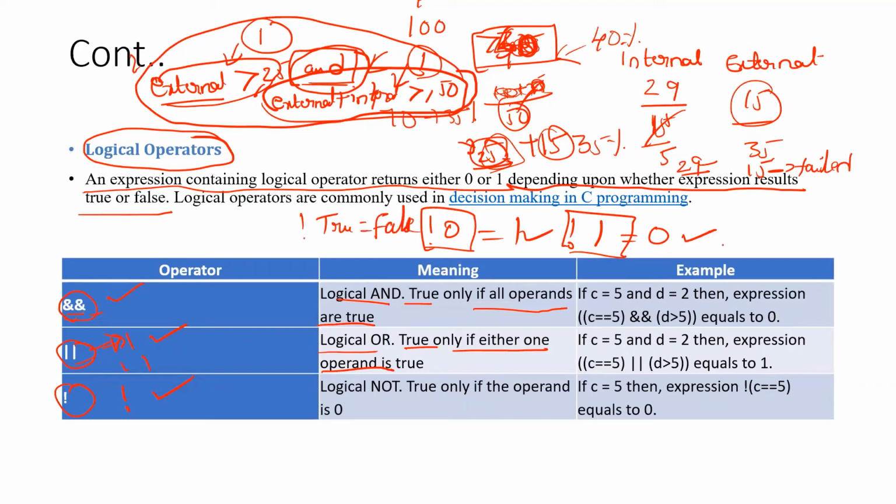If I mention not false, it is nothing but true. So these are the logical operators. These operators will help us when defining relational conditions. And if you want to combine them, we can go with logical operators.